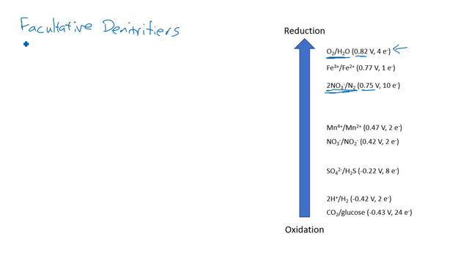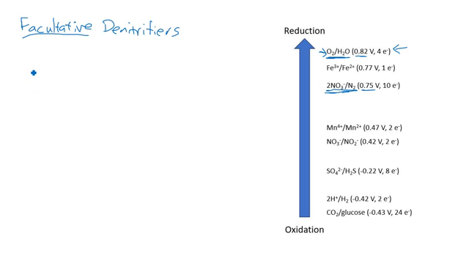Facultative again means that they're flexible and they're able to use different kinds of electron acceptors. So if there's both oxygen and nitrate available, then these facultative denitrifiers are generally going to prefer to use oxygen over nitrate because they can obtain more energy.